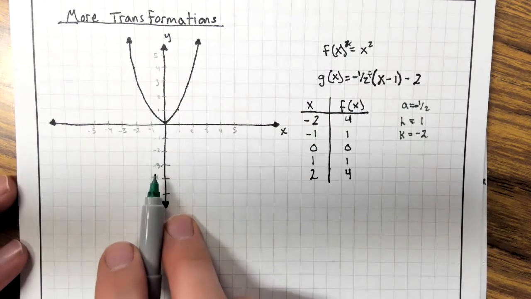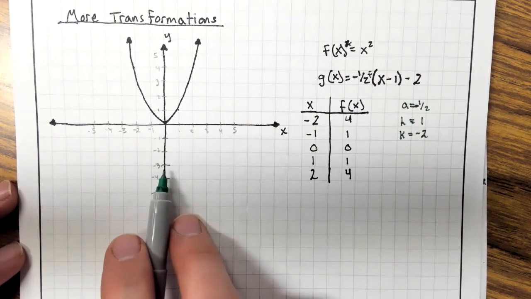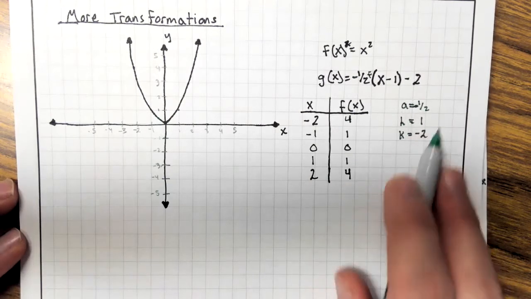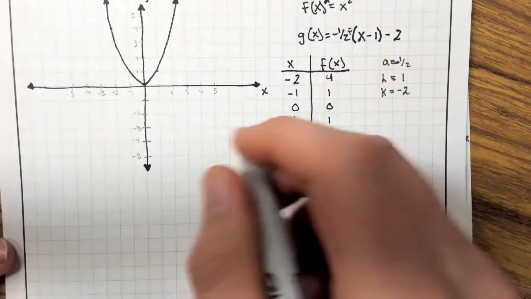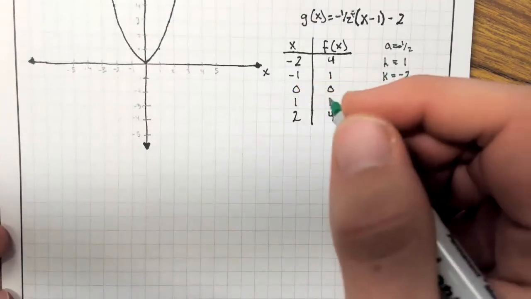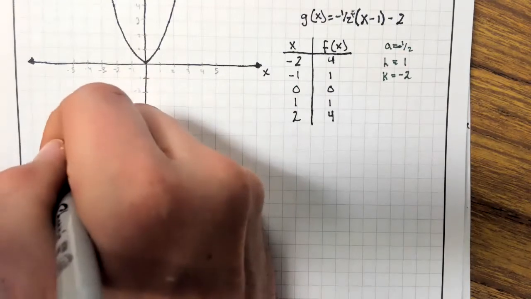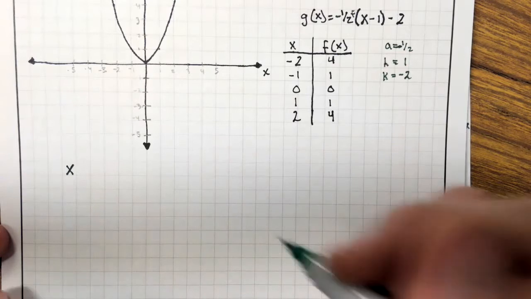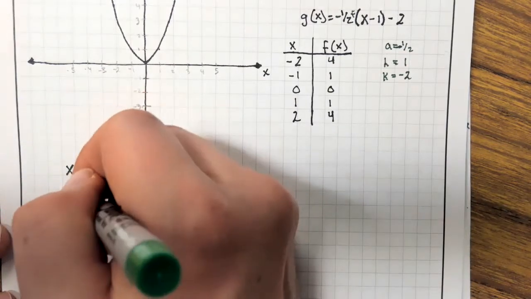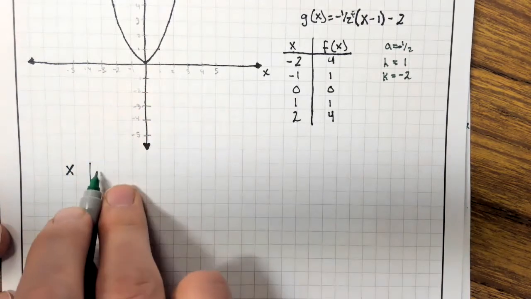So what I'm really going to focus on today is making a function table to hopefully make these values make a little bit more sense. To do the function table, nothing too complicated about it. We'll just go with our input values, and then we will have our function rule right here.